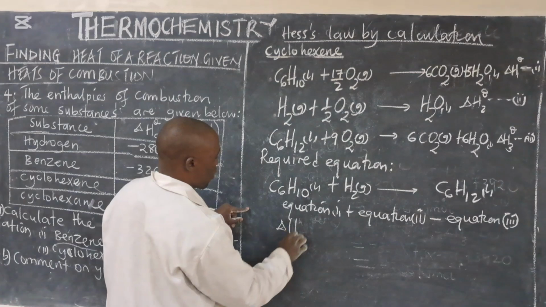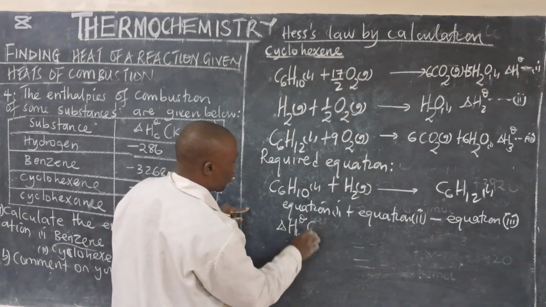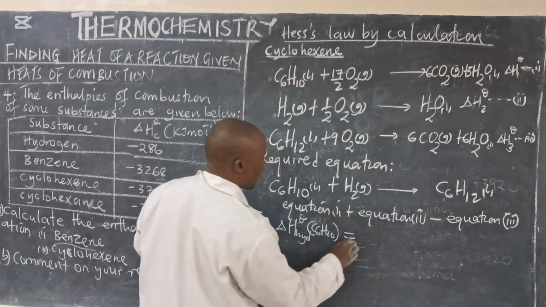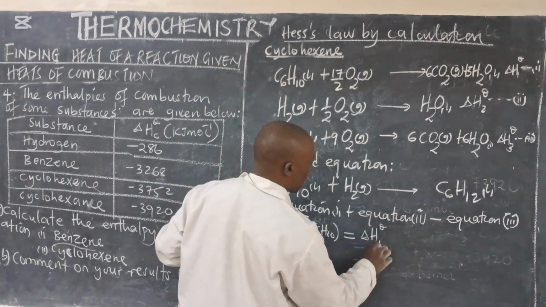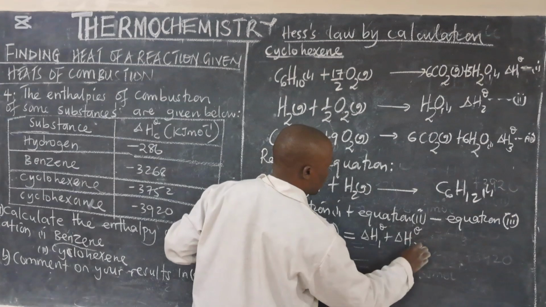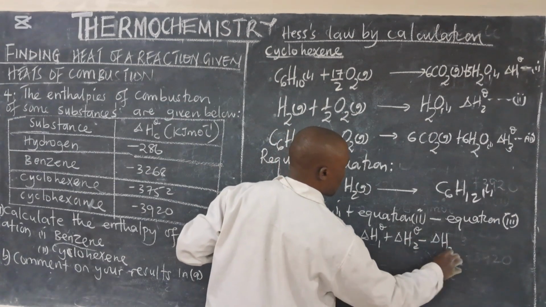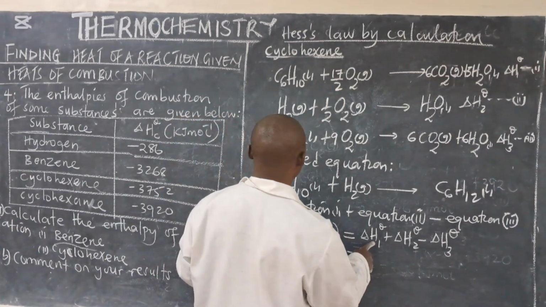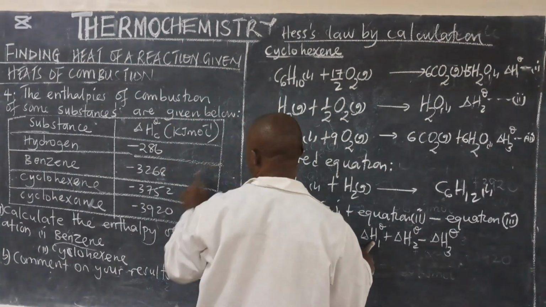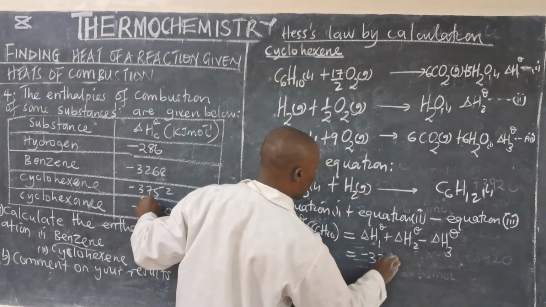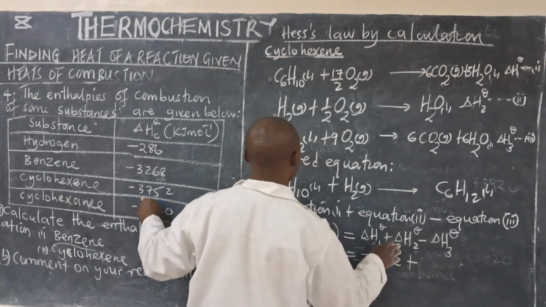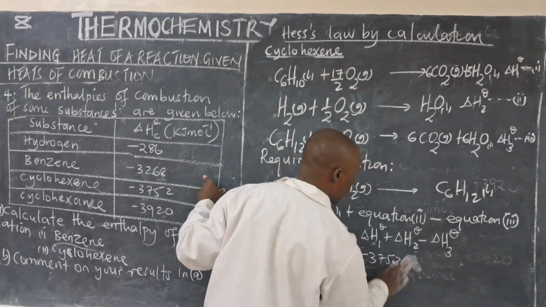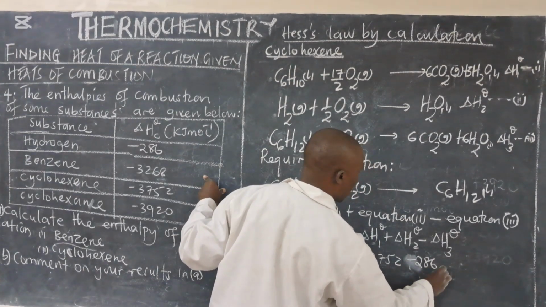So the delta heat value for this hydrogenation of cyclohexene becomes delta heat 1 standard plus delta heat 2 standard minus delta heat 3. So I'm just going to have the enthalpy of combustion of cyclohexene, negative 3752, plus that of hydrogen, negative 286.